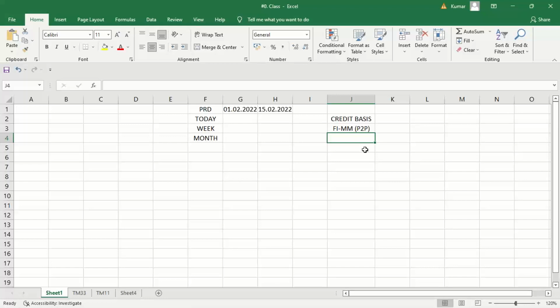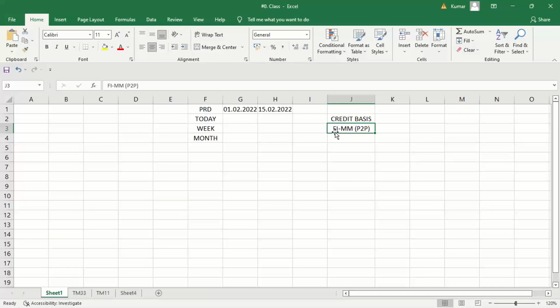See, after configurations, what for? Of course, there is a certain outcome after that configuration, right? So FI-MM integration means we are going to configure the P2P process, then we are going to test this entire P2P process, right?